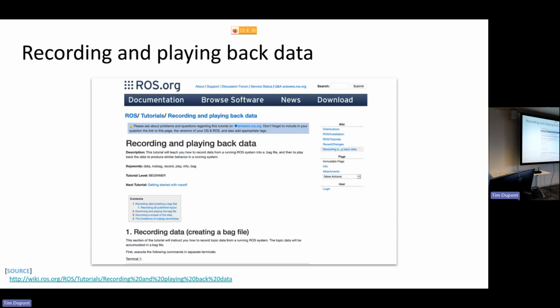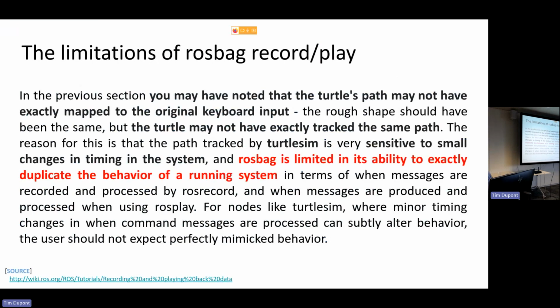So super handy to do. There are some limitations, of course. If you replay a ROS bag, it's like operating a real robot. Sometimes you have timing differences, and it's not perfect. You don't have a perfect rerun every time, because sometimes your system calculations take a bit more time, and then you have a slightly different run with your robot, but that's like in real life.